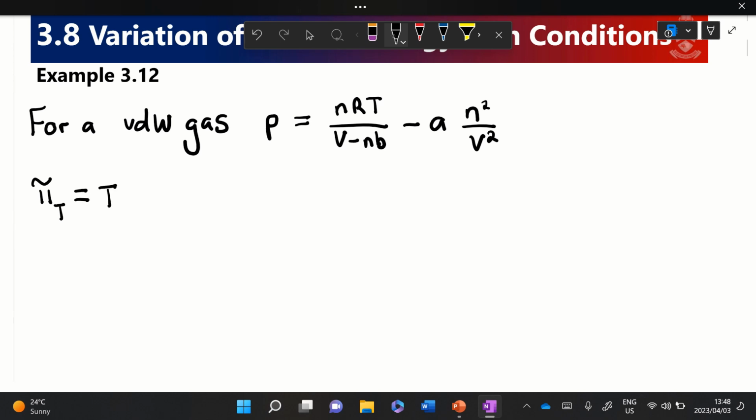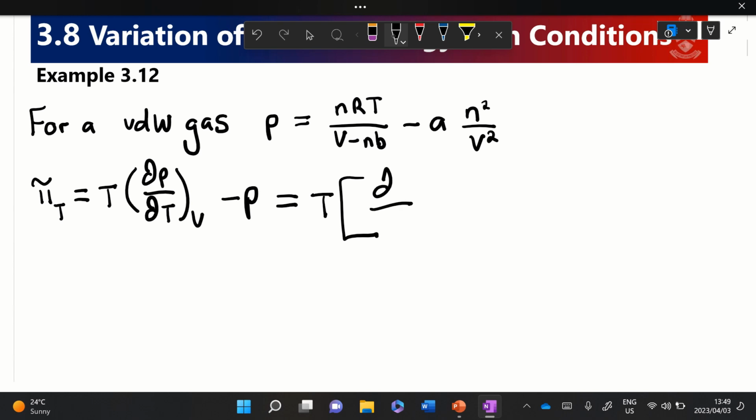So we have that it's T times dP/dT at constant V, minus P. So we just substitute this P in everywhere where we see a P. So it's T times d/dT of nRT over V minus nb, minus a n squared over V squared.